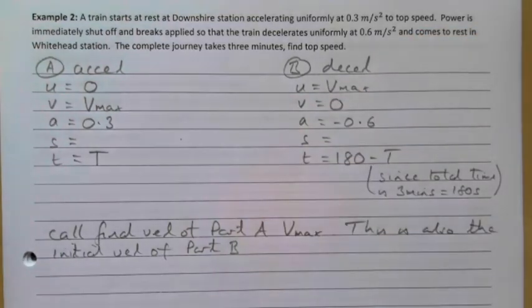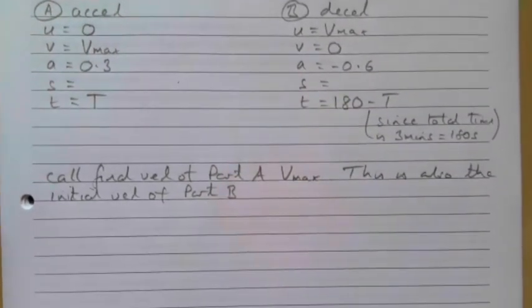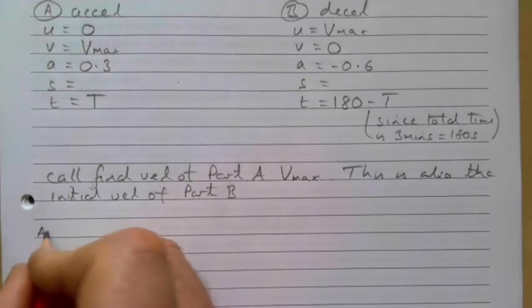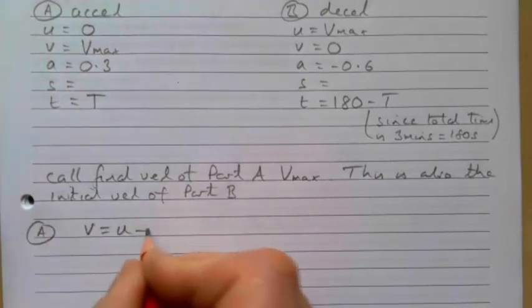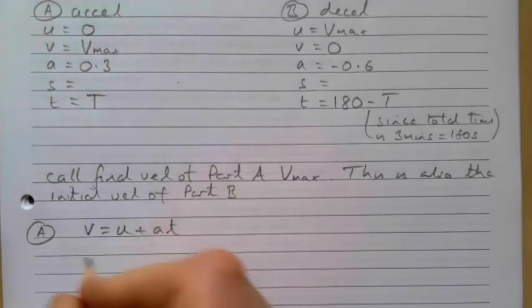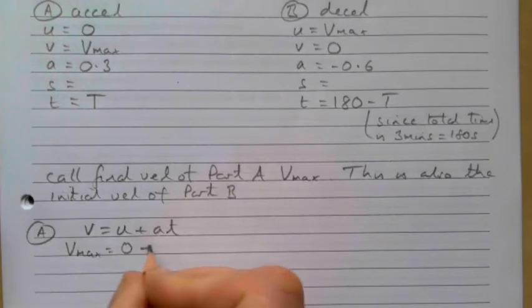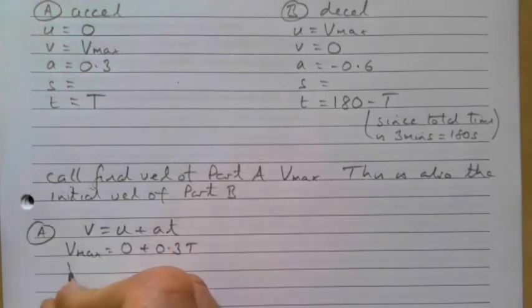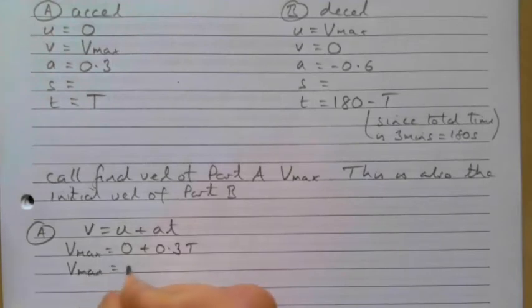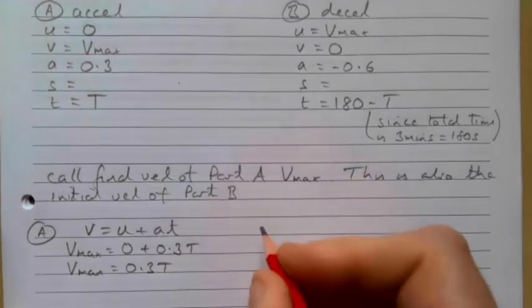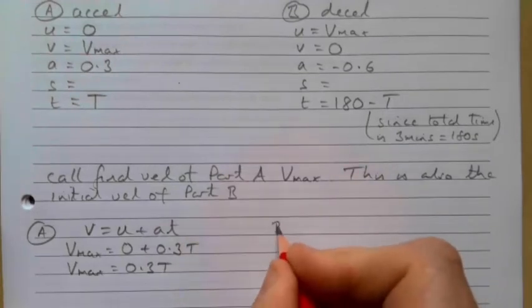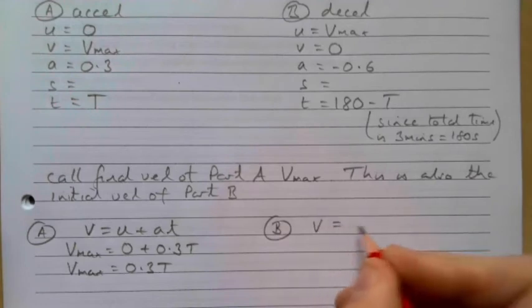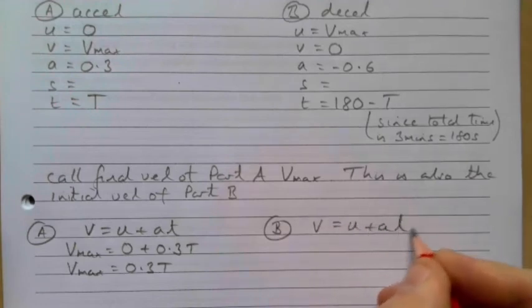So what do we know about part A? V equals U plus AT. V max equals 0 plus 0.3 T. V max equals 0.3 T. For part B, V equals U plus AT.